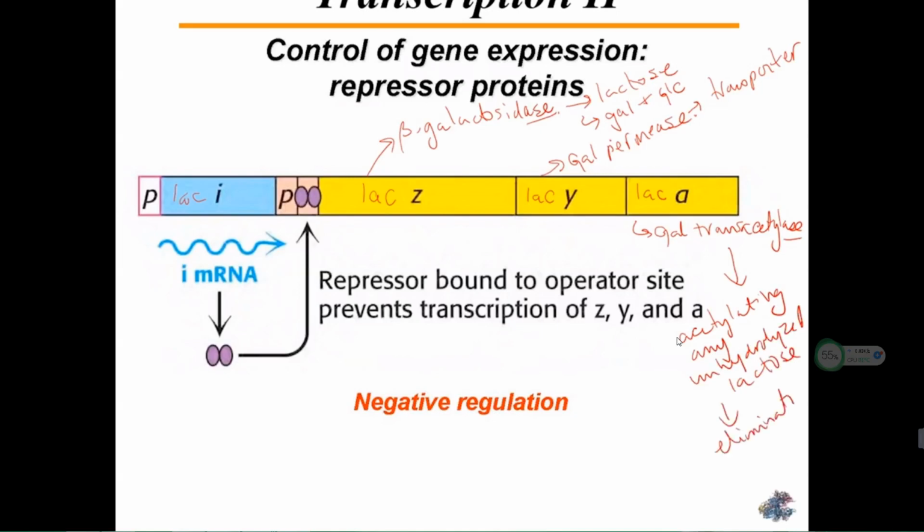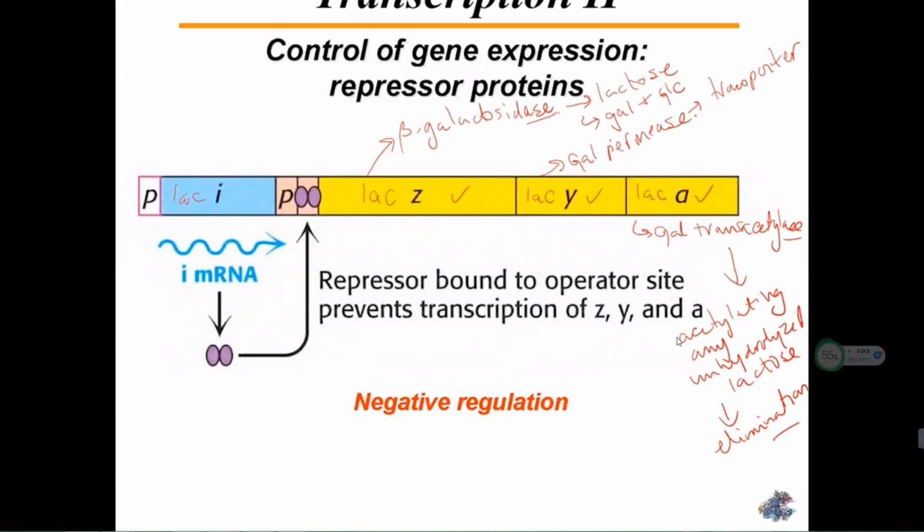So you can appreciate how when lactose is present, it only makes sense to synthesize the three transcripts all at once, so that one is responsible for breaking down the lactose, one is responsible for bringing it into the cell, and one is responsible for acetylating it to remove any non-used lactose and target it for elimination.